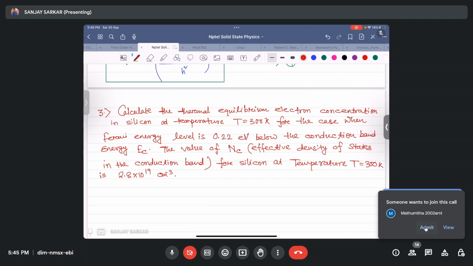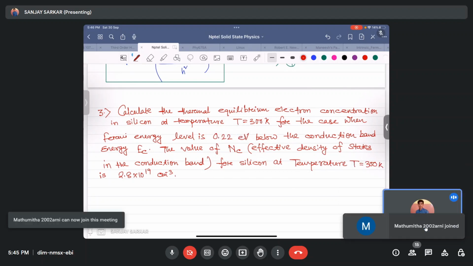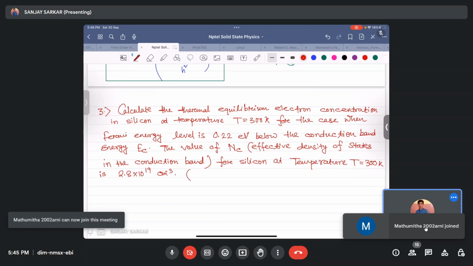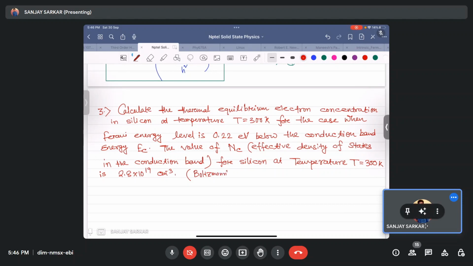And in the question the Boltzmann constant is given. I will not write this constant value from the next question because you already have the values of these constants. So 1.38 into 10 to the power minus 23 joule per Kelvin.